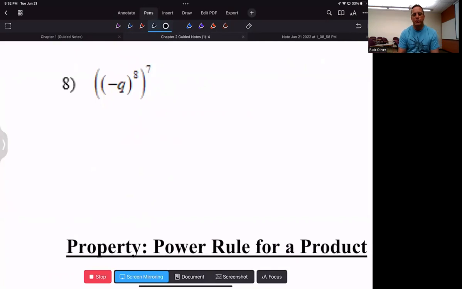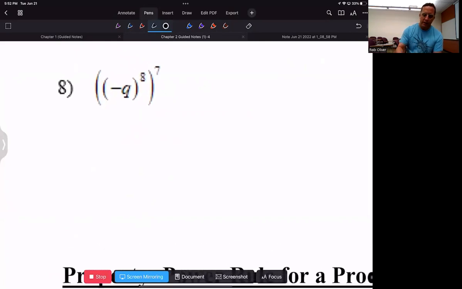All right, number 8, let me slow down for a second here. Let's focus on the innermost part of the grouping, the parentheses. Notice that you have a negative base in parentheses, and you have an even exponent.